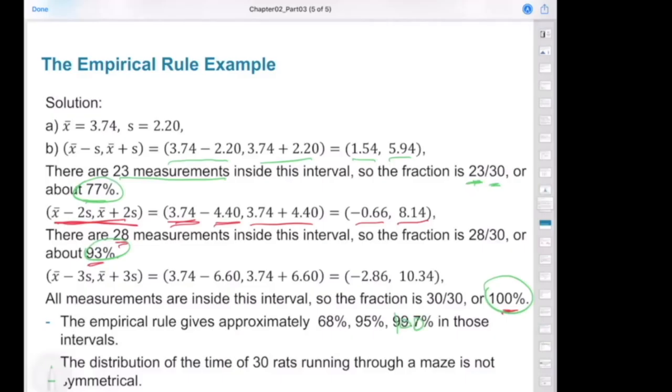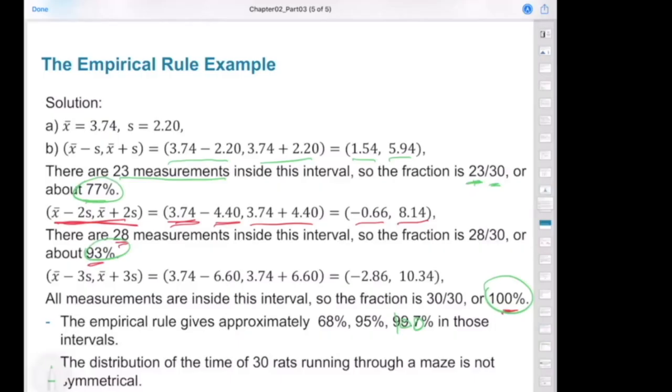For the first interval, if the data follow the empirical rule, we should have 68% of the data, but we have 77%. So it's larger than the 68% in the empirical rule.